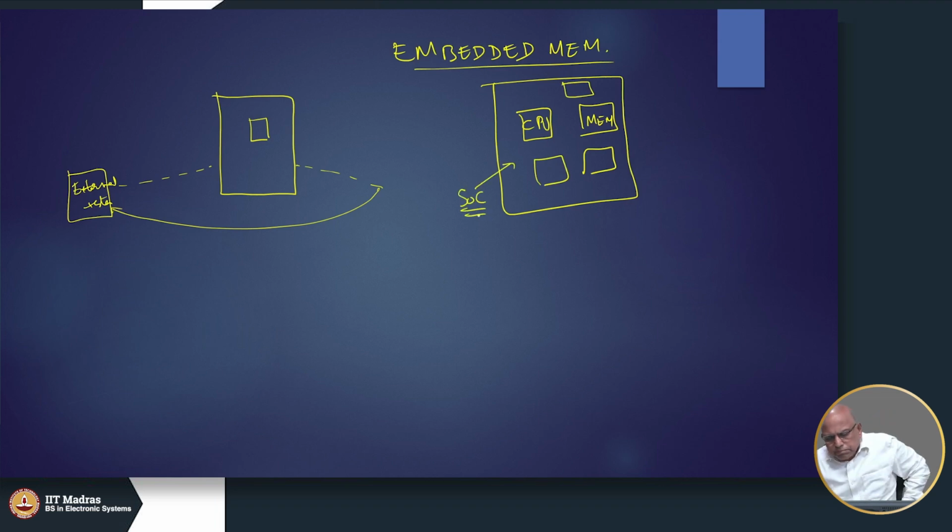It is a complete system. You may have many CPUs, many memories, many peripherals, peripheral controllers, USB drive controller, and maybe some LCD controller, etc., etc. So there are many digital and memory blocks.